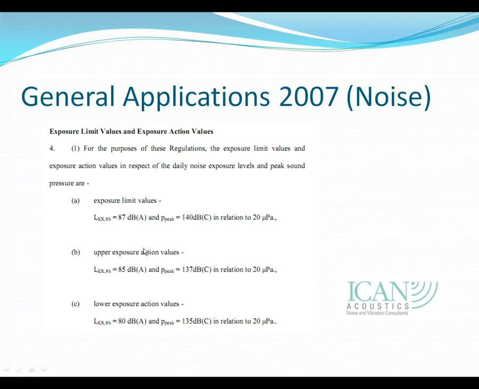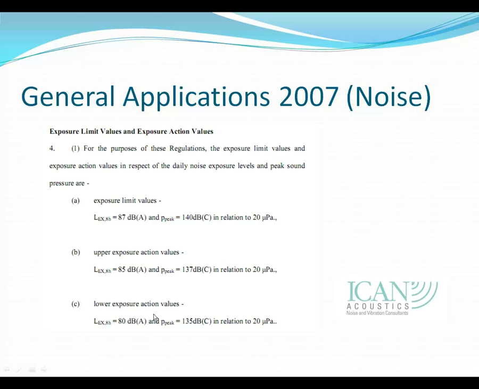Also, within the General Application 2007 guidance, there are what are called upper exposure action values and lower exposure action values. So basically, depending on your noise climate and where it sits when evaluated over an 8-hour period, you could fall within a lower action value, or you could fall within an upper action value.